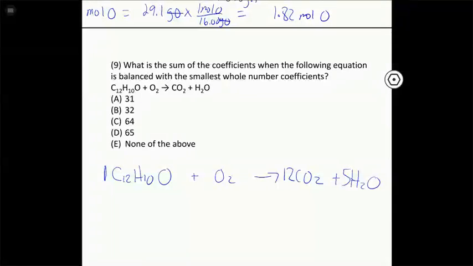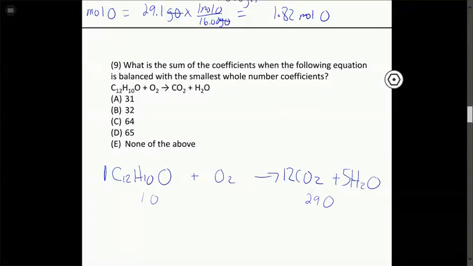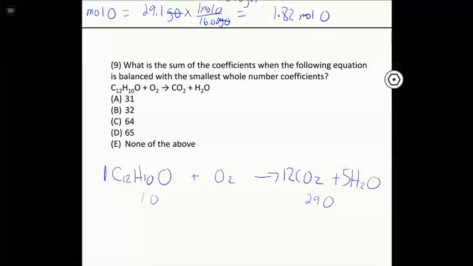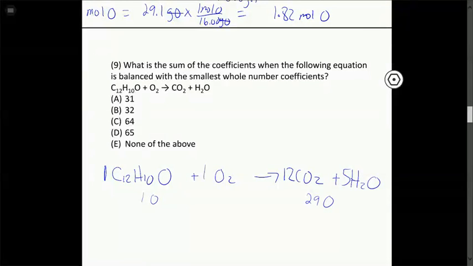On the product side, as we have it currently written, we have 12 times 2 plus 5, that's a total of 29 oxygens. Over here we have 1 oxygen, so we need 28 more oxygens to balance out the reactant side. So we put a 14 in front of O2, and now we have a total of 29 on each side.